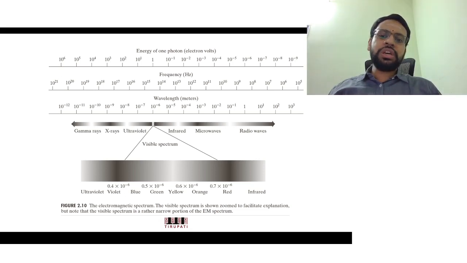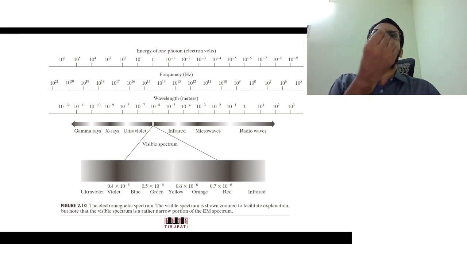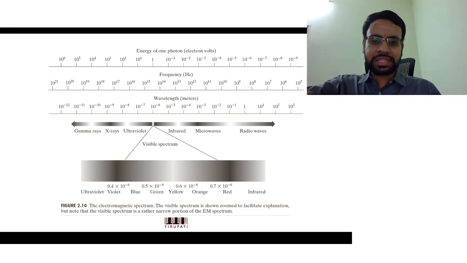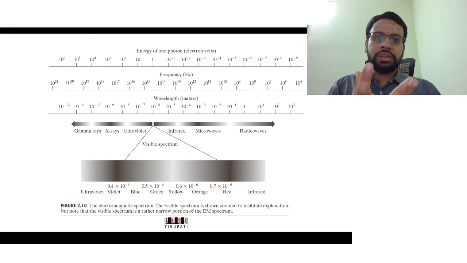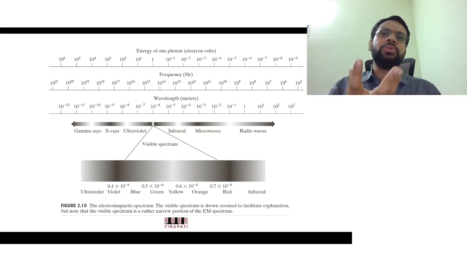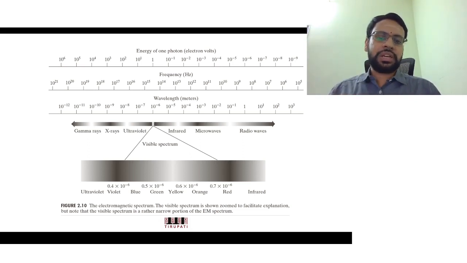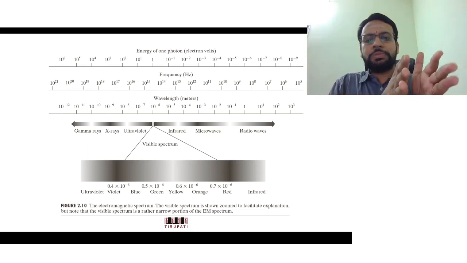Can you think of any imaging modality that uses the light in the visible spectrum? That is endoscopy. Some of you might already know about it. A small visible camera is sent inside in endoscopy, and then they take a look at how various organs are. That's in the visible spectrum.